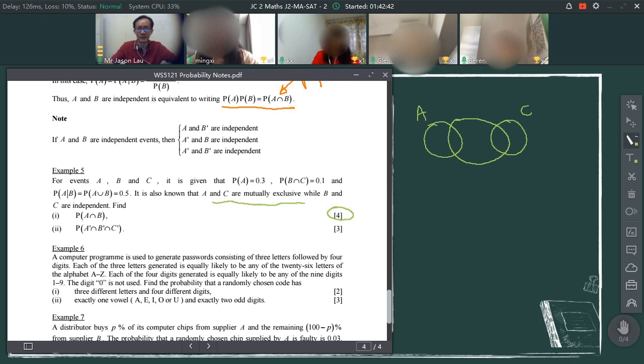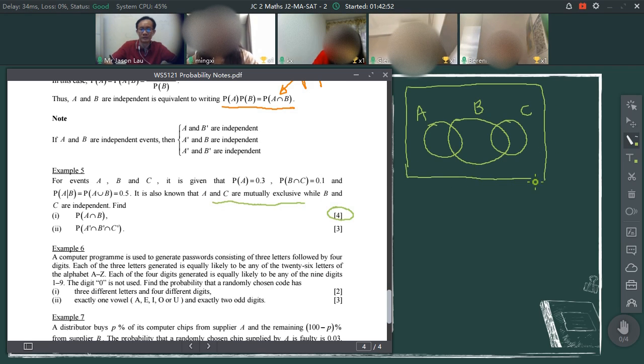We assume the most general scenario where B will intersect with A and C, like this. So you have this scenario, then you try to find out how to calculate the respective probabilities, especially this part.